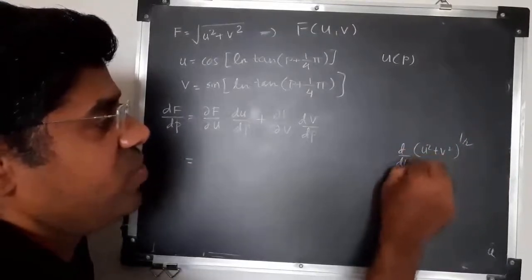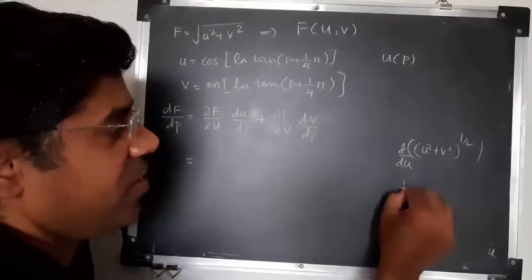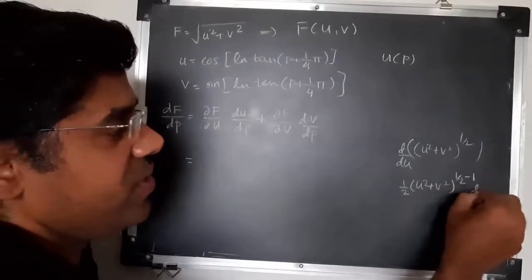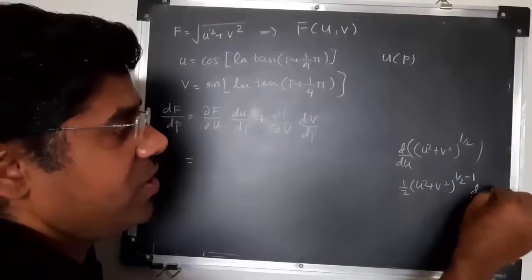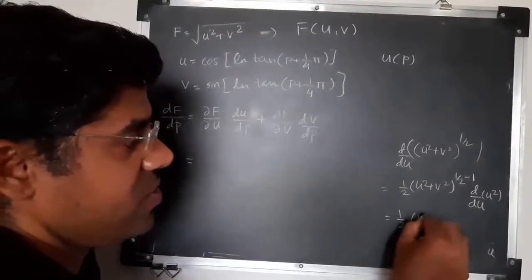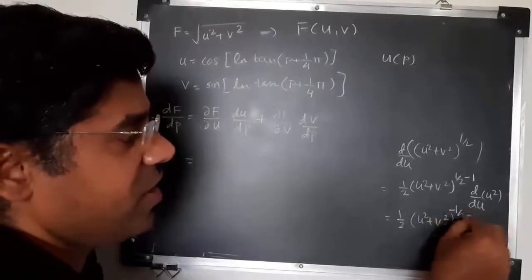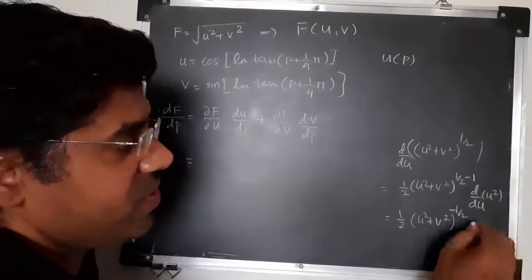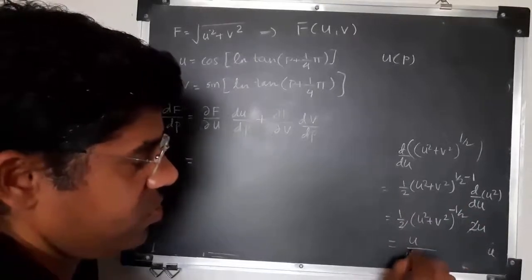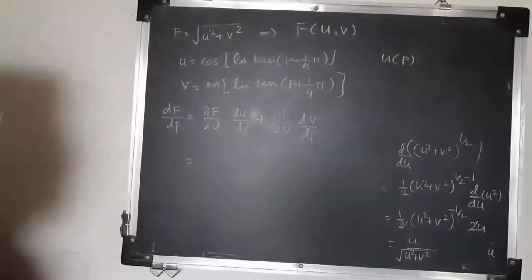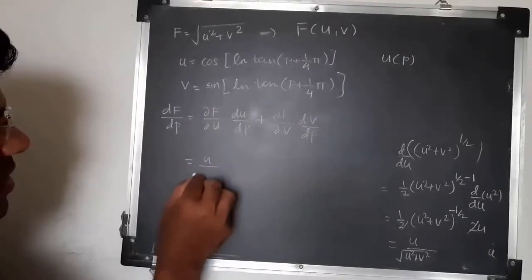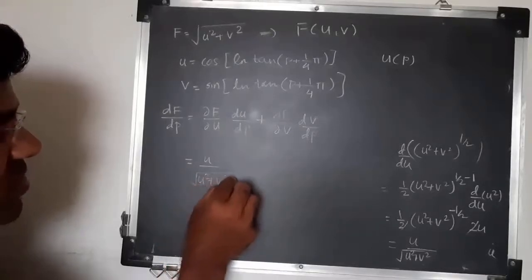When you take the derivative with respect to u, it is half times u square plus v square raised to half minus 1, into the derivative of u square, so u square plus v square raised to minus half, and the derivative of u square with respect to u is 2u. The 2 gets cancelled, so u upon the square root of u square plus v square.